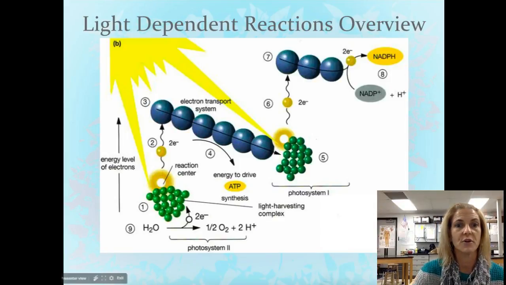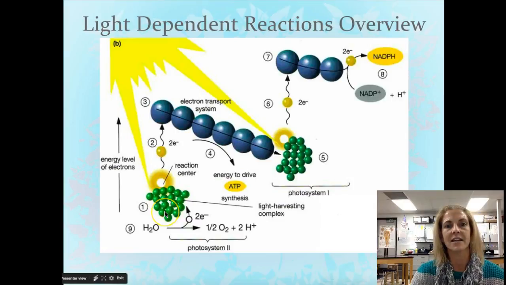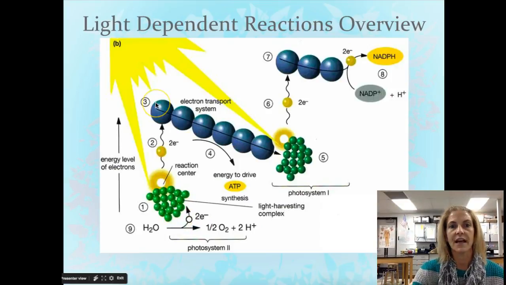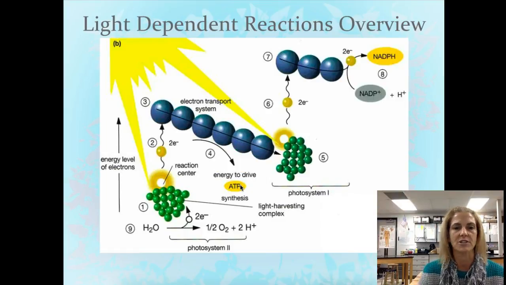So, final review: the sun's energy excites electrons out of 2 photosystems, 1 and 2. Each set of electrons enters an electron transport chain, 1 and 2, and each makes something. This one makes ATP, and this one makes NADPH. Both NADPH and ATP are needed for the Calvin cycle later, for the light-independent reactions.